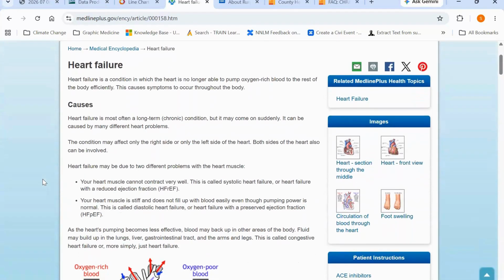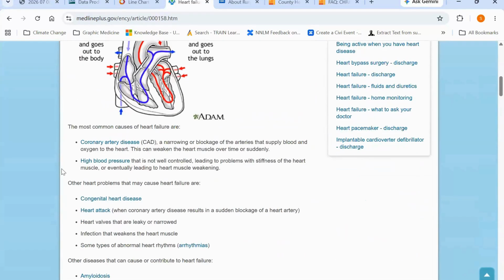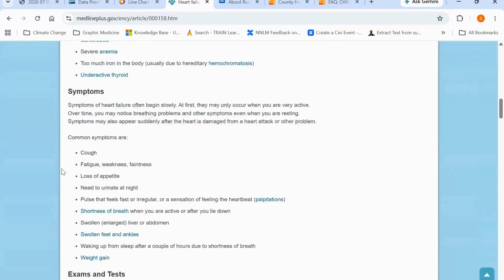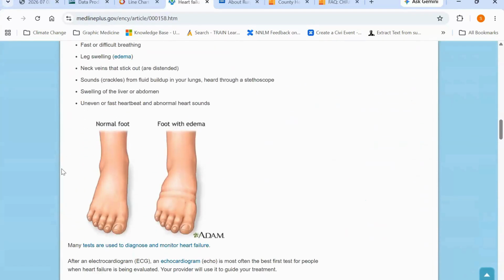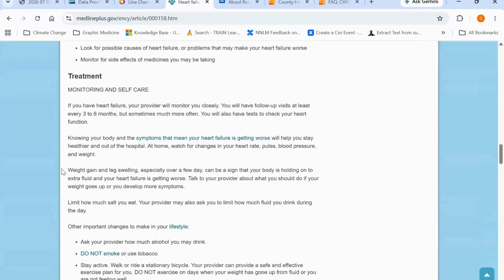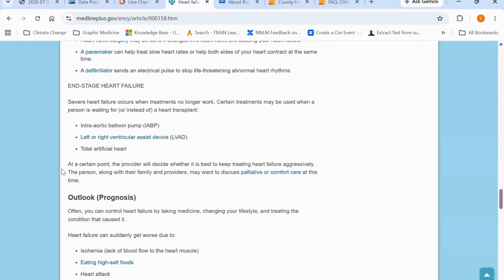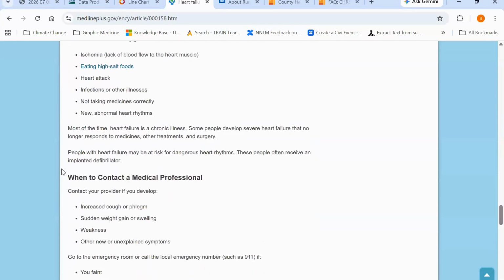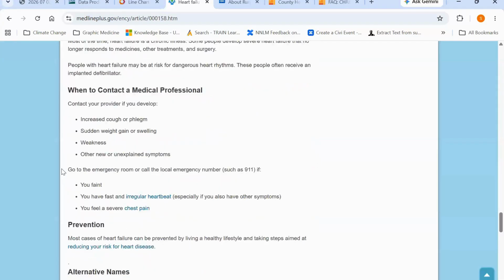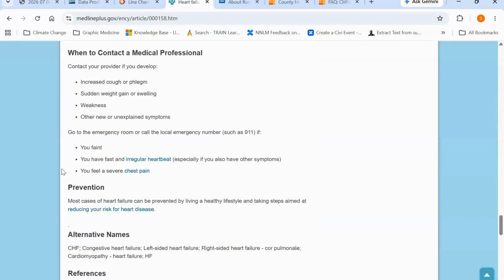And so then you see that you get images, causes, symptoms, tests, treatments, outlook and prognosis, and so on and so forth.